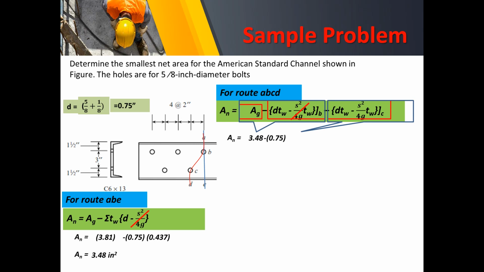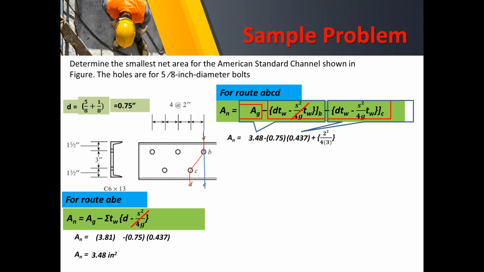The diameter is 0.75, the thickness is 0.437 for the web. Now we have here a positive sign because the negative sign will just be distributed on the inner equation, and the second term will become positive. So take note of that.